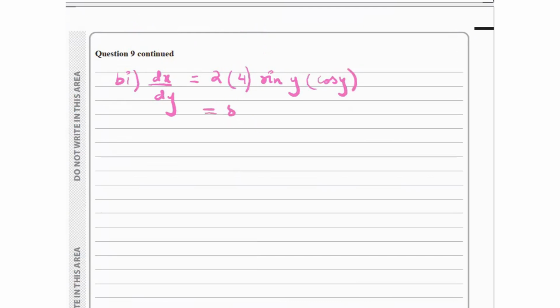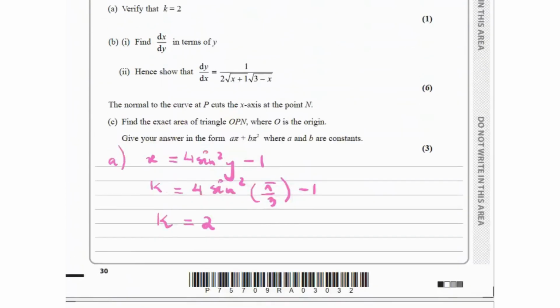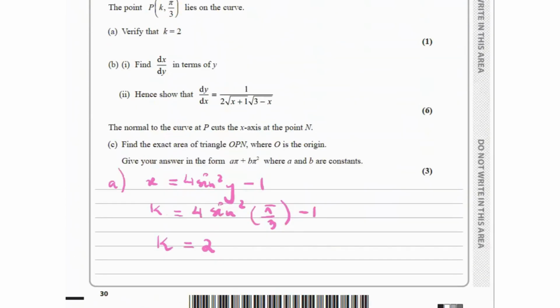That's going to be 8 sine y cos y. First you differentiate the power, then you differentiate the trigonometric function. So that's dx by dy in terms of y. Then it's saying, hence show that dy by dx equals 1 over 2 root of x plus 1 times root of 3 minus x.